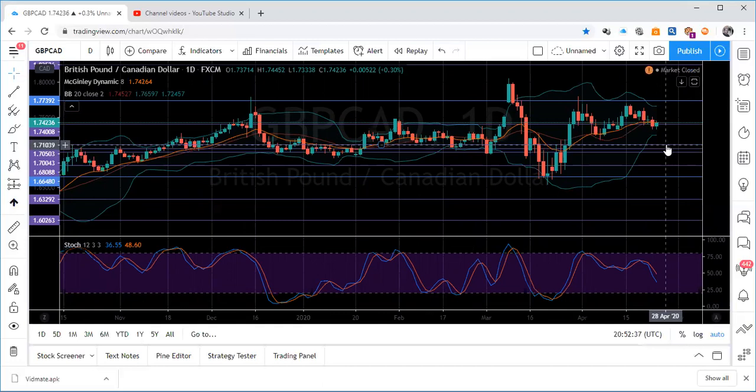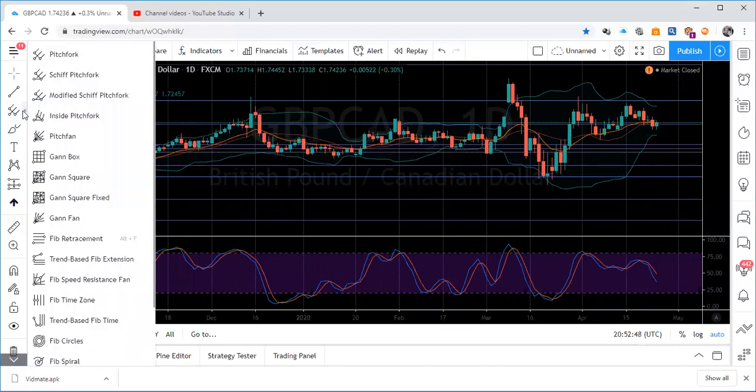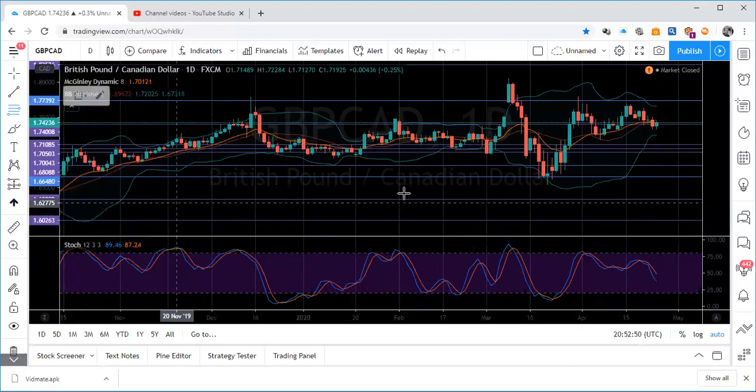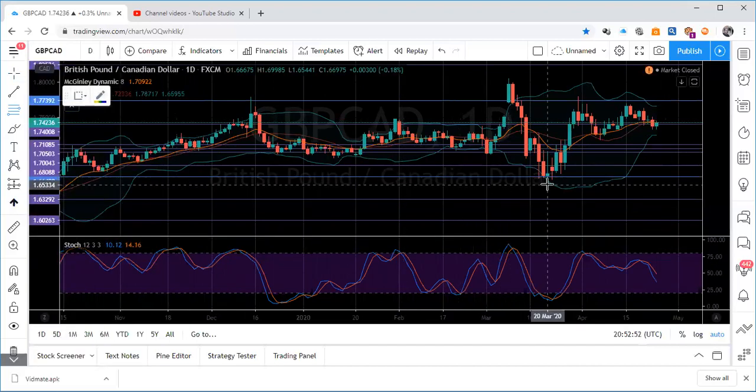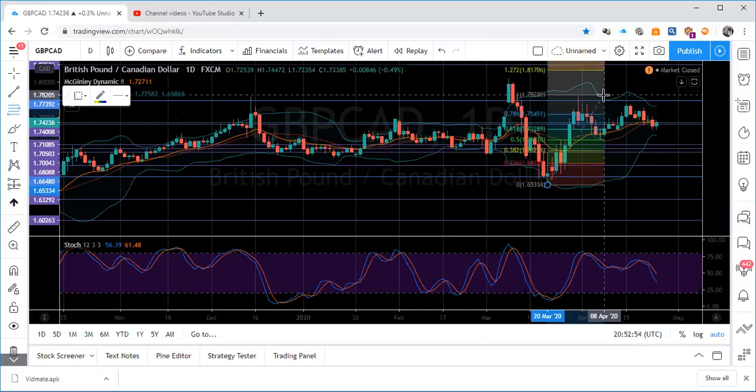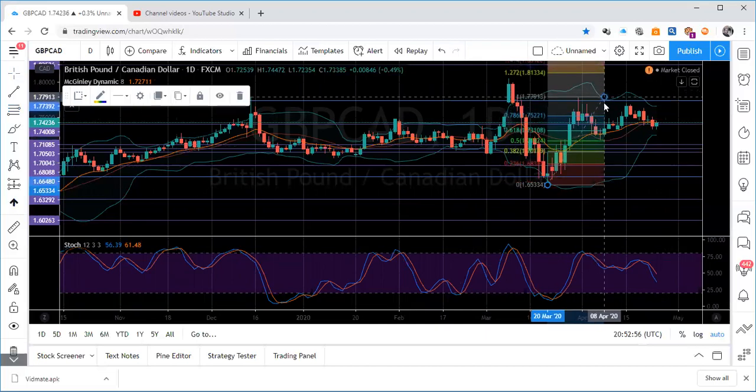That's where I'm looking forward to price getting to. Price would invariably come down to form a Gartley pattern. Now, let me just quickly draw my fibs here. Yeah, we might have a Gartley pattern.